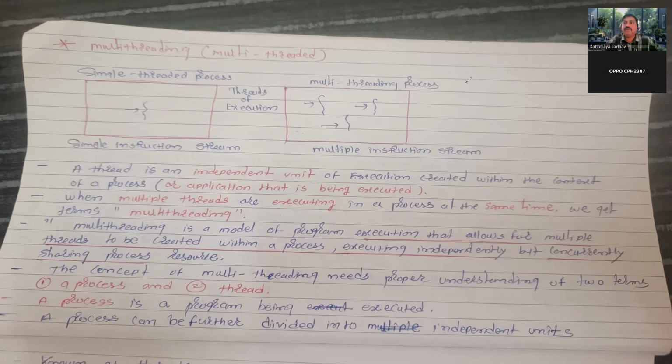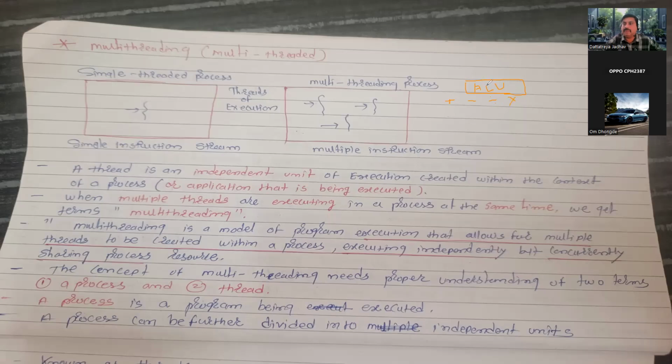Suppose we have a group of tasks. Suppose one unit has a number of instructions. Suppose the arithmetic and logical unit, that is ALU, which works on addition, then subtraction, division, and multiplication.